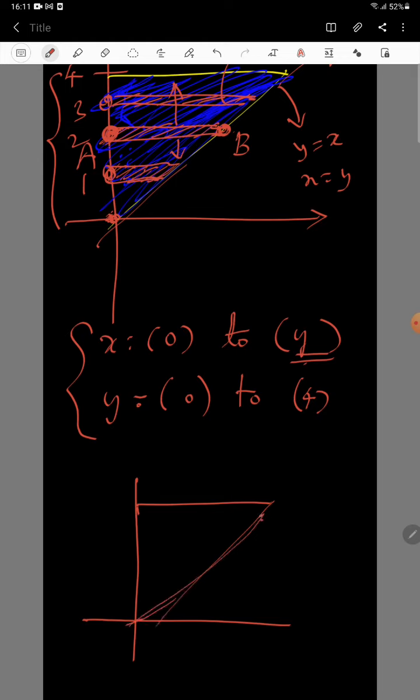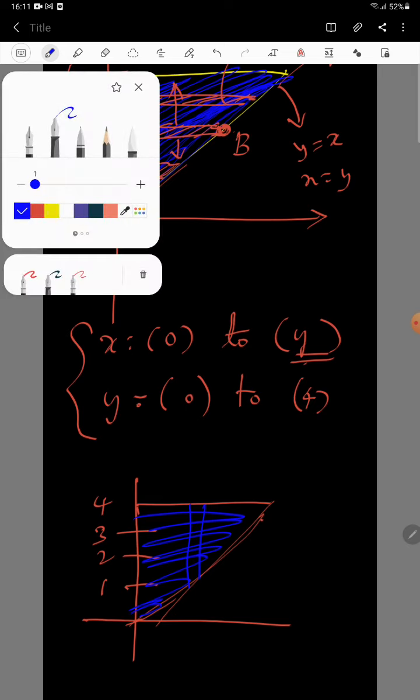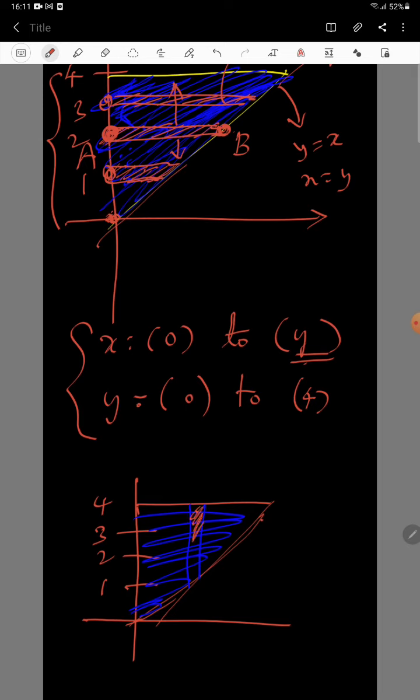Suppose I'm taking 1, 2, 3, 4, 1, 2, 3, 4. Then that same blue region I'm taking again. I want to get this region, so I take a strip parallel to the y-axis now.